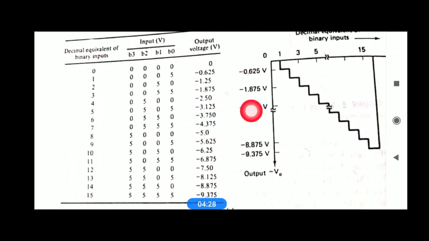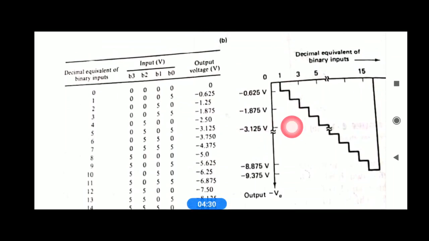9.375. You can also see the graph given here, which is the decimal equivalent of binary input versus the output voltage. Here you can see the steps. When you give the decimal equivalent of binary input 1, which is 0001, keeping B0 high, you will get the first step here, which is minus 0.625.